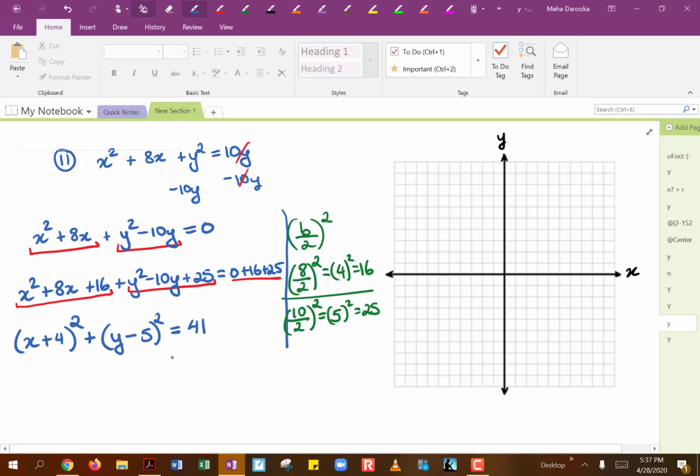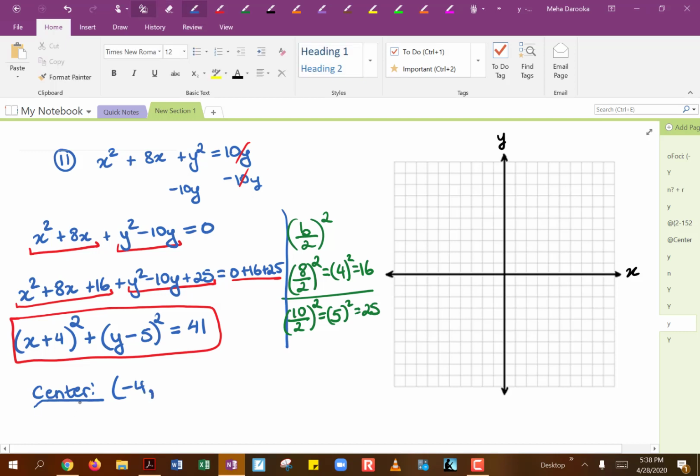Okay, so basically, as you will see, we have created our equation in the form of x minus h squared plus y minus k squared equals r squared. And this here, guys, is the equation of our circle. And so if you had to identify the center, of course our center will be coming from the x plus 4, which means 4 itself is a negative number.